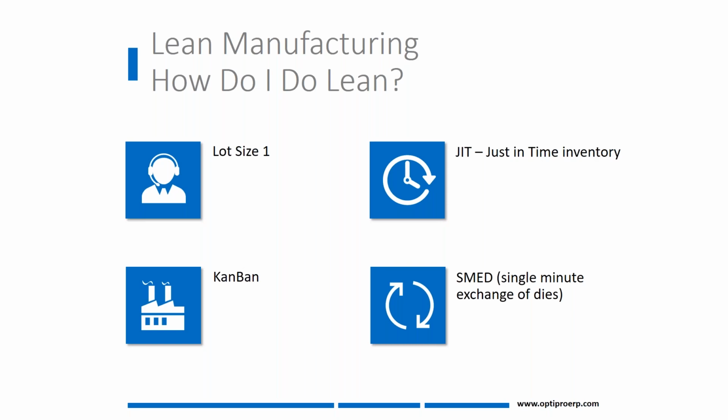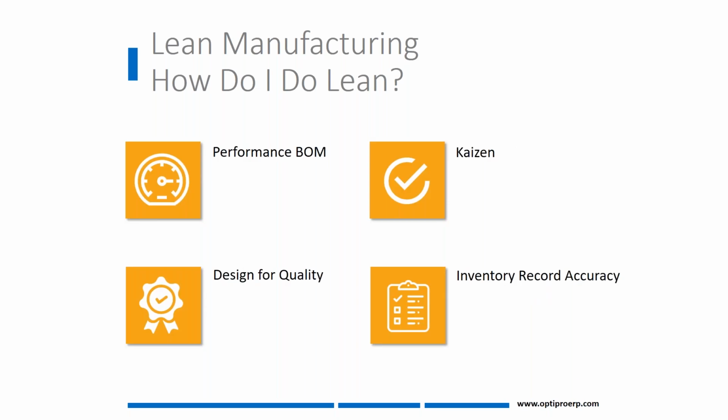Okay. Other things that we do, we talk about performance bills of material. Performance bill of material is a restructuring of your bills of material so they deliver assemblies and sub-assemblies timed to their upstream requirement.